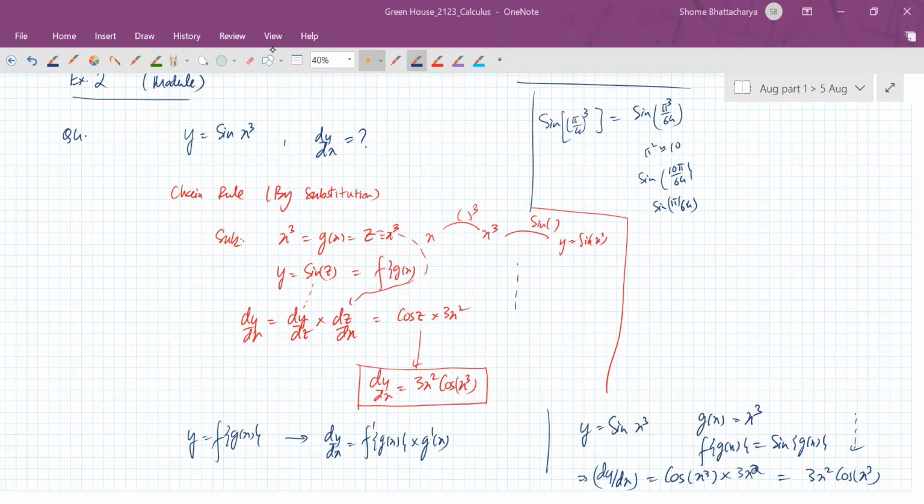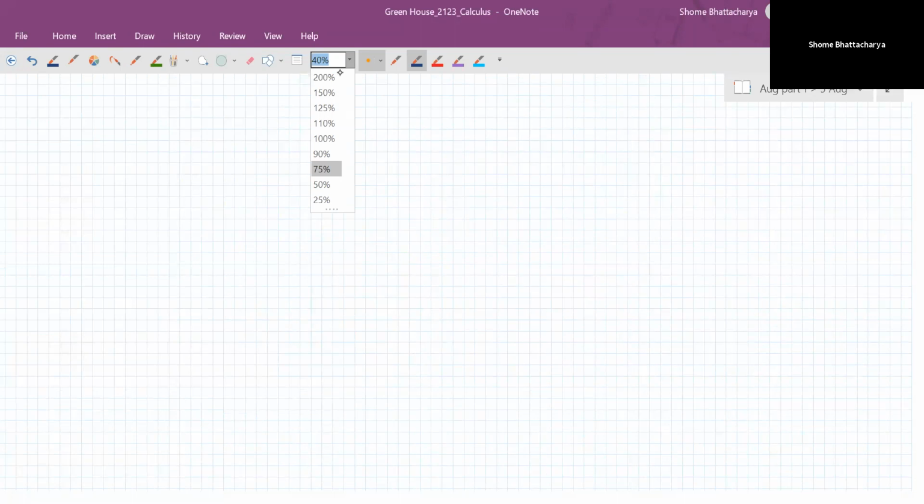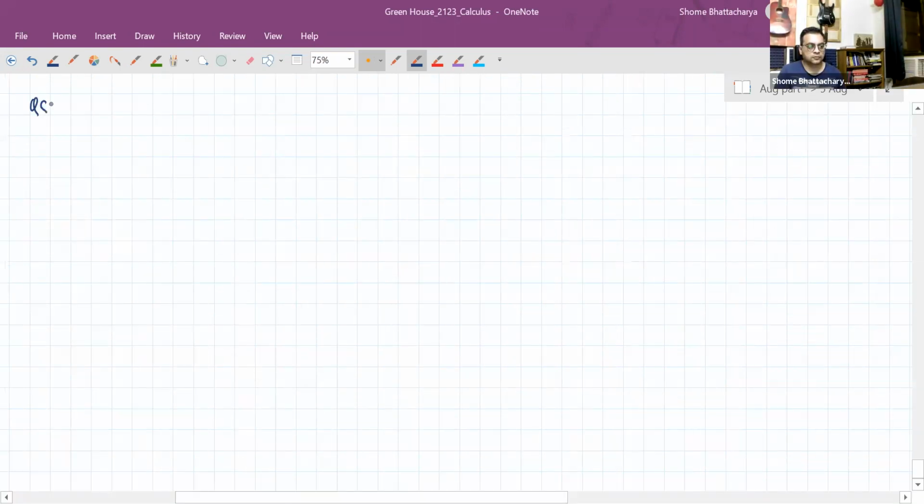Okay, so people have tried out question number 8. The square root of 2x. So you want to find out dy by dx. So again, this is f of g of x, where g of x is square root of 2x.